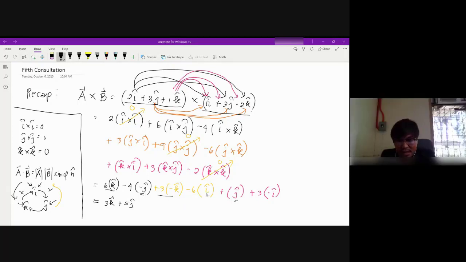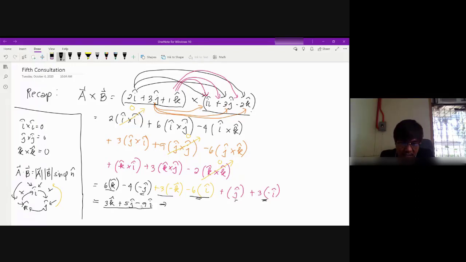And then lastly, I have negative 6 i hat, and then I have here negative 3 i hat. So that becomes minus 9 i hat. Now, class, for the answer, you can see that the unit vectors are not arranged from x, y, z.